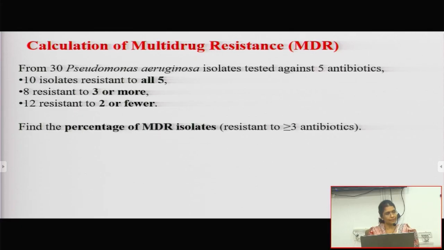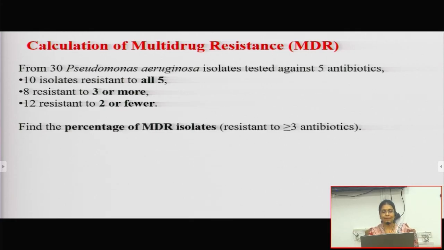Of these 30 Pseudomonas, 10 isolates were resistant to all these 5 antibiotics, 8 resistant to 3 or more antibiotics, and 12 were resistant to 2 or fewer.